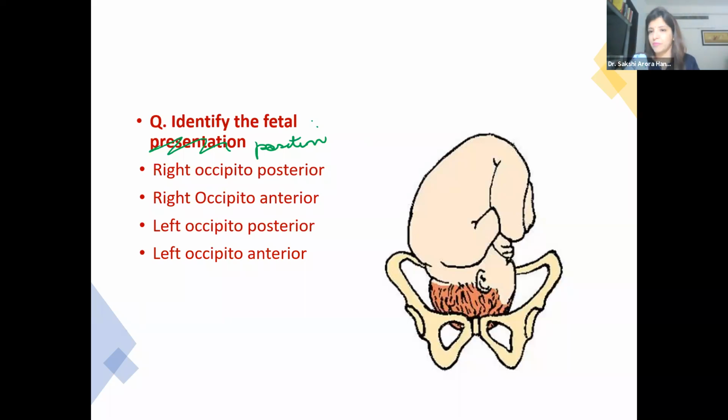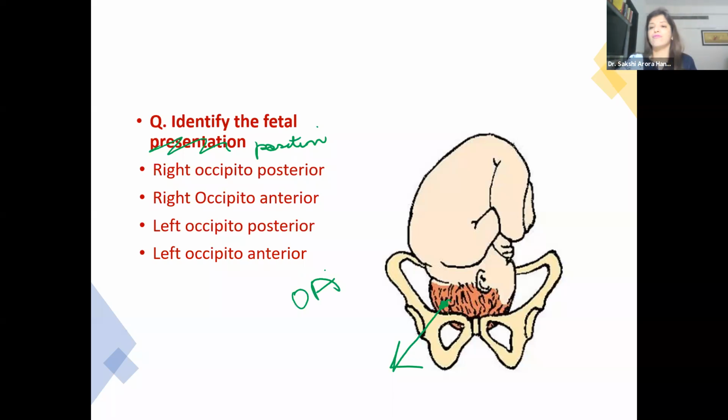So in cephalic presentation, it is the occiput which is the denominator. So that means occiput is lying somewhere here, right? Now, occiput is lying here. That means it is lying anteriorly, right? So I know that this has to be occipito-anterior. It could be left occipito-anterior or it could be right occipito-anterior.